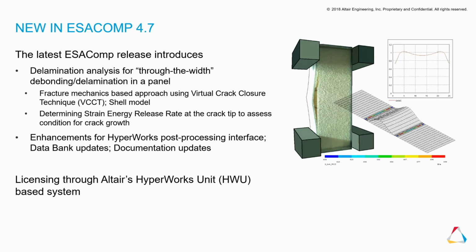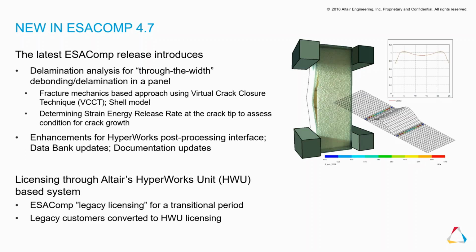So it's a very cost-effective system. You are not restricted to deciding which tools to use. You just get all the possibilities and use them within the amount of HyperWorks units that you lease or purchase.